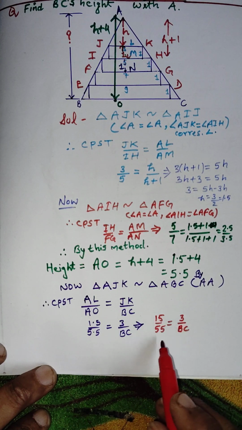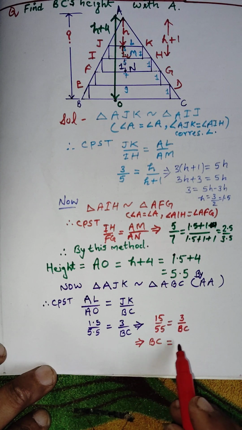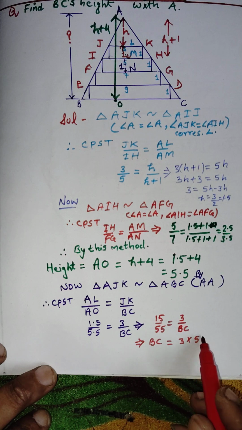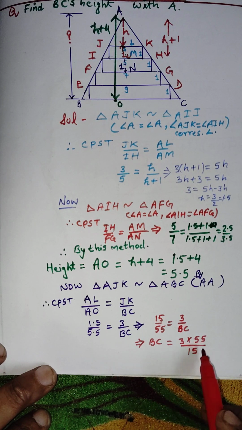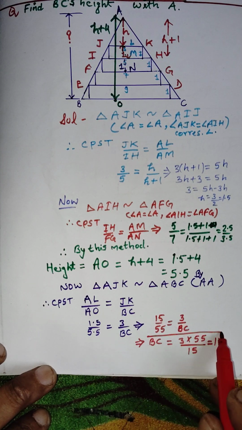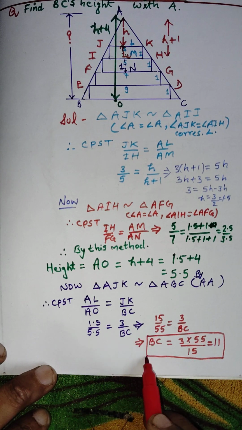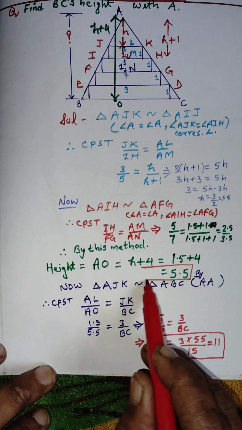Cross multiplying, 15 BC equals 3 into 55. Dividing both sides by 15, we get 3 into 55 upon 15. 3 cancels 15 five times, 5 cancels 55 eleven times. So BC is 11. Therefore we get two answers: one is BC equal to 11 and the second is AO equal to 5.5.